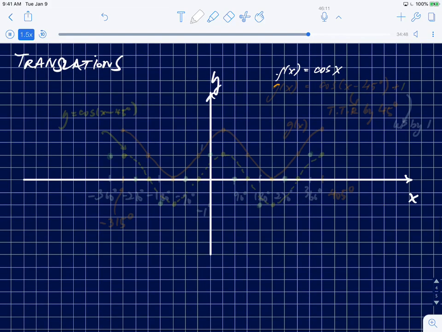And my g of x is going to be cosine of x minus, what should we say? 3. No, so we have something that we can draw. That's the x, so the easiest ones are going to be 45 to draw, right? And let's say plus 1.